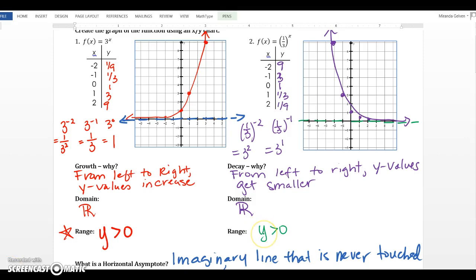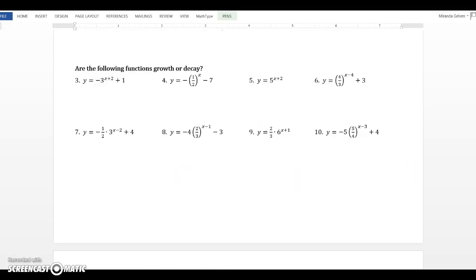So these are our basic parent functions, and what we want to do is, as we go through, what are the parts of the graph that causes the shifts? How can we tell exponential growth and decay from just looking at the functions? So here we go. Okay, so looking down here, how can I look at a function and tell growth or decay? Okay, so all we want to do is look at the base. Okay, so if the base is greater than 1, then it's growth.